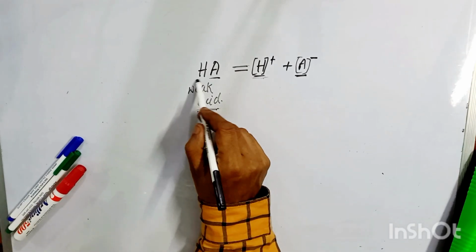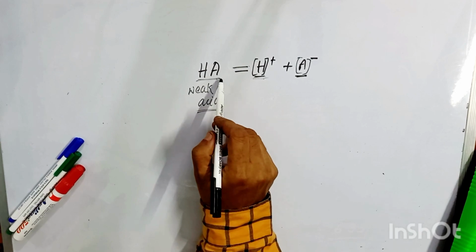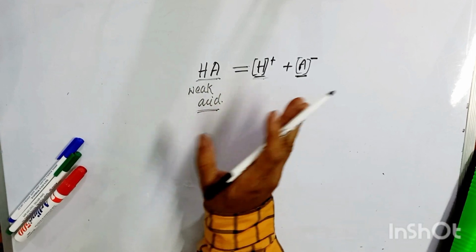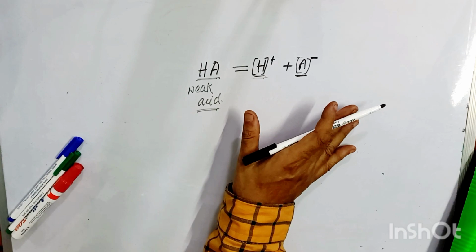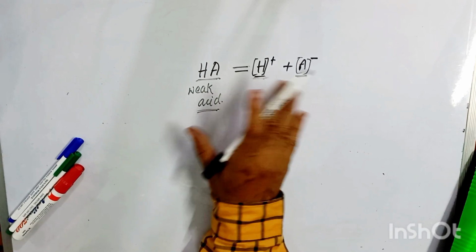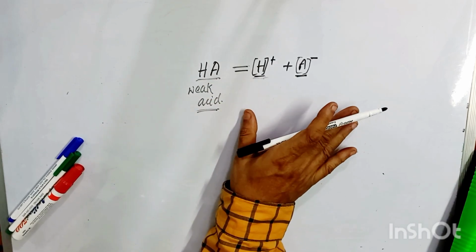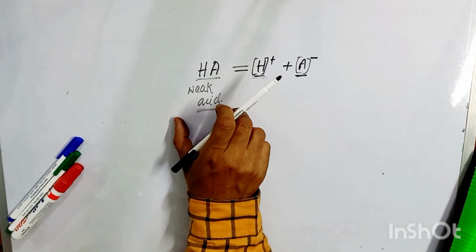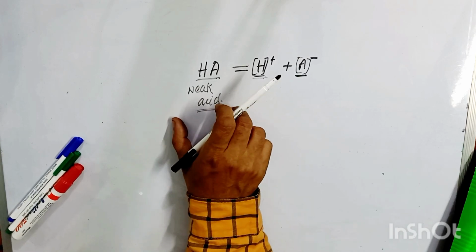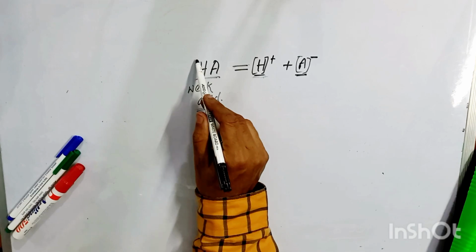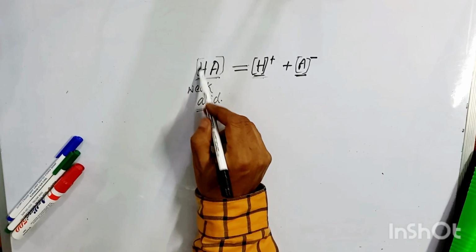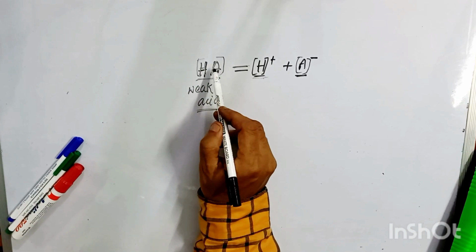Say HA is a very weak acid, so it can remain in two forms. It can either ionize, as any molecule can, or it can stay non-ionized. It can remain bonded to the atom of hydrogen, and the anion will remain bonded.